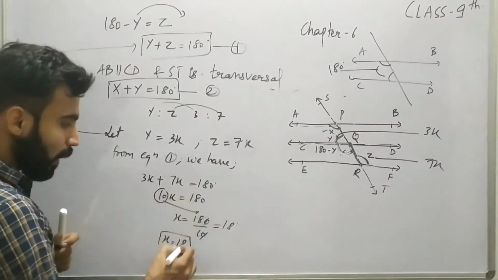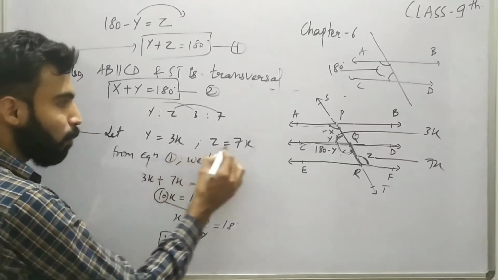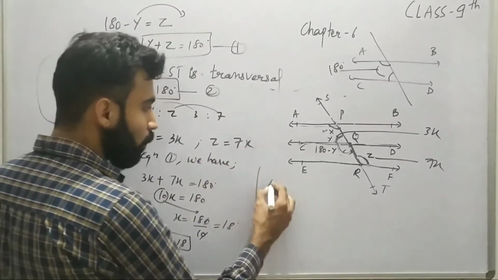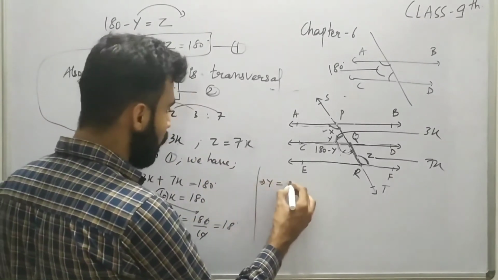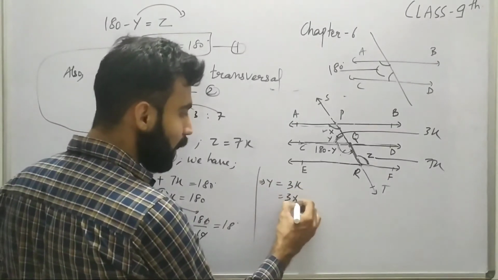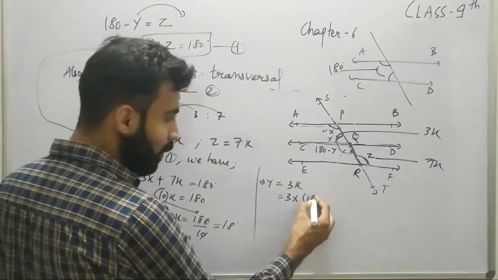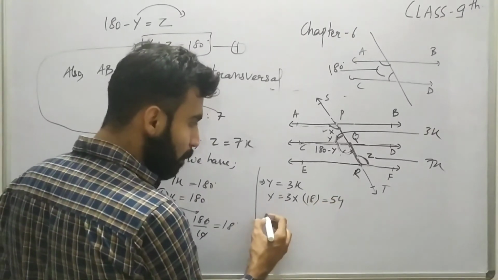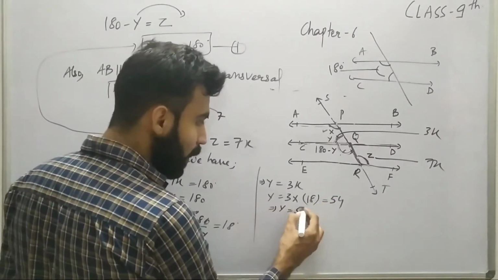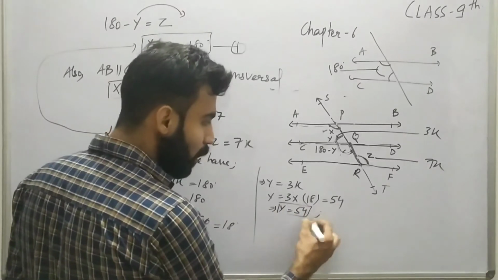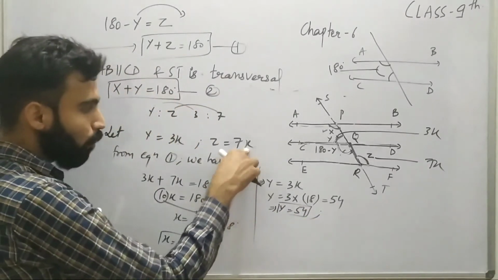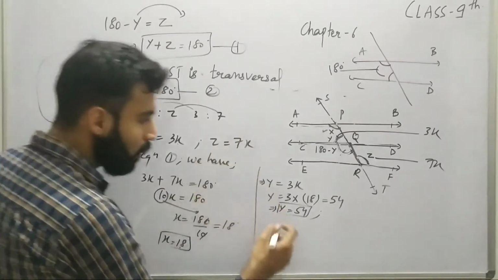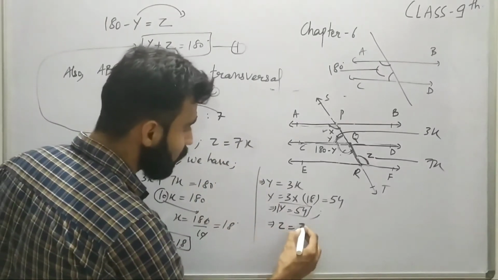Now what we have to do is simply substitute the value of x in both Y and Z. So Y will be equal to 3x, that means 3 into x. What is x? 18. So 18 into 3 is 54. That implies Y is equal to 54. Similarly, if I substitute the value of x as 18 in Z, this will give me Z as 7x.